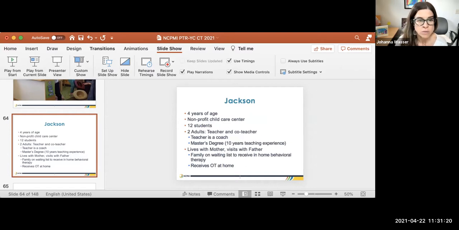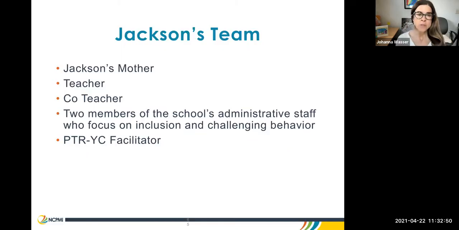So he was receiving occupational therapy at home. This is who was involved in Jackson's team meetings: his mom, the teacher, the co-teacher, which is lovely. I have to say, it's rare that you could get 2 teachers together outside of the classroom, but it is really nice when you get everybody together, because the perspectives are so different about what is challenging behavior or what they're seeing versus the other person.